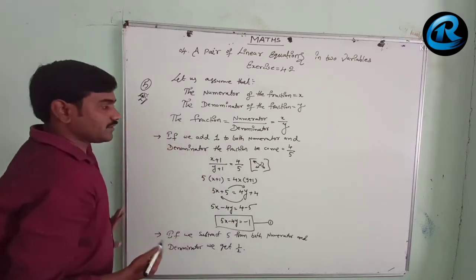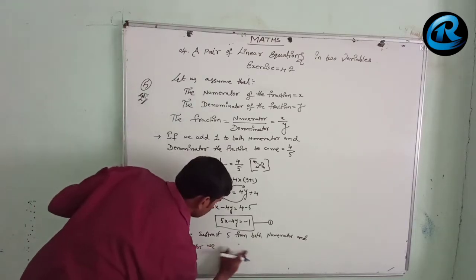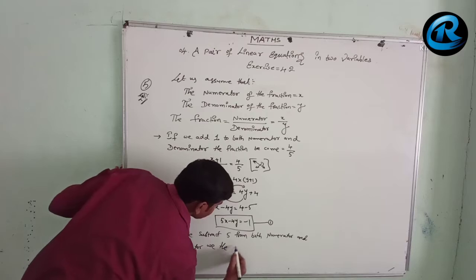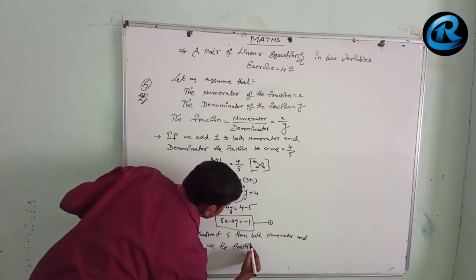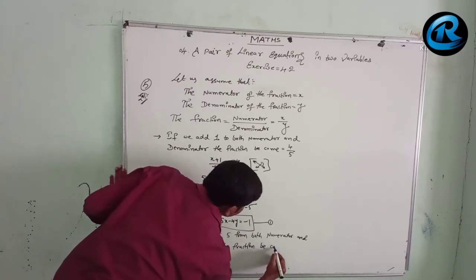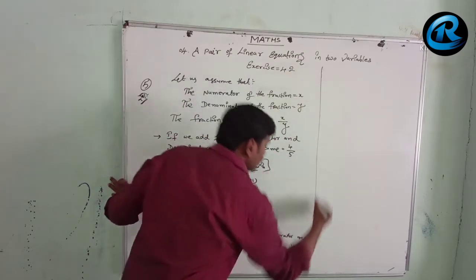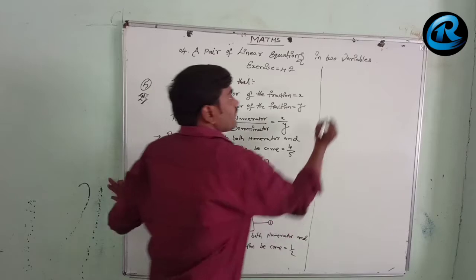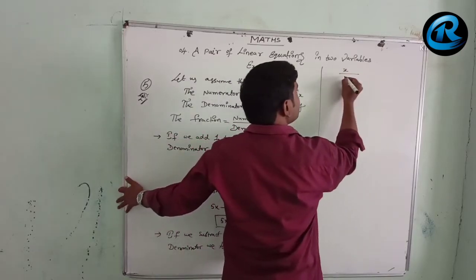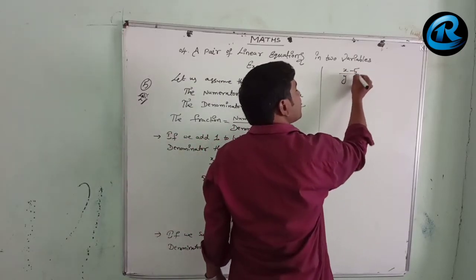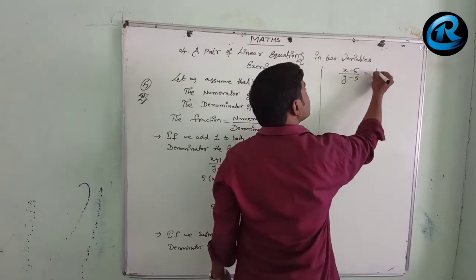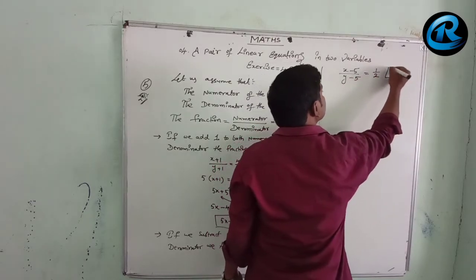The fraction becomes equal to 1 by 2. So according to this statement, the fraction is x by y. Let us subtract 5 from the numerator and denominator. It will be equal to 1 by 2.